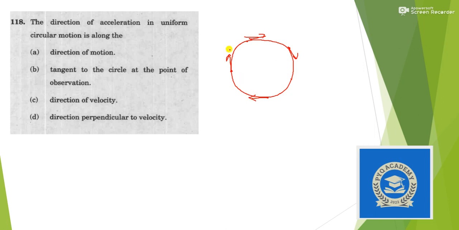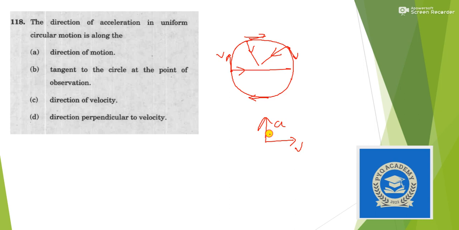So this is the direction of velocity, and the direction of acceleration is perpendicular to velocity, so it will be like this. If this is v, then this is a.